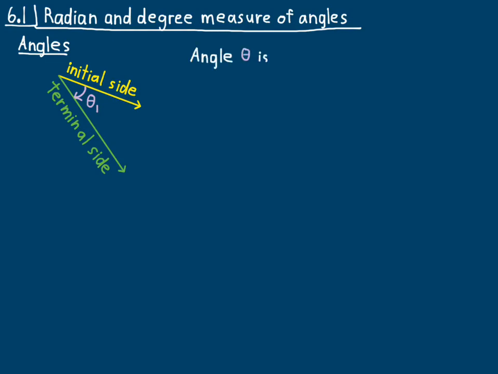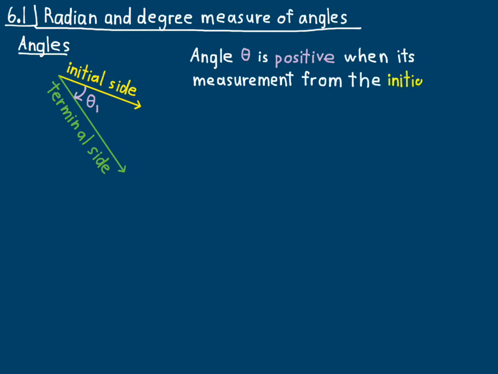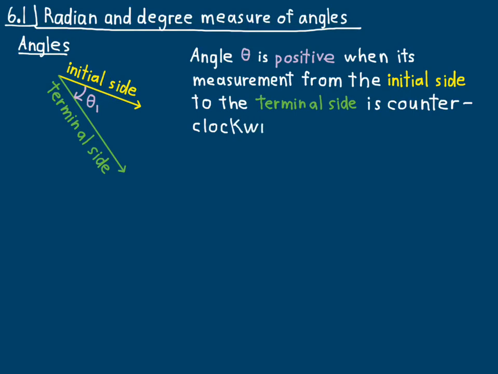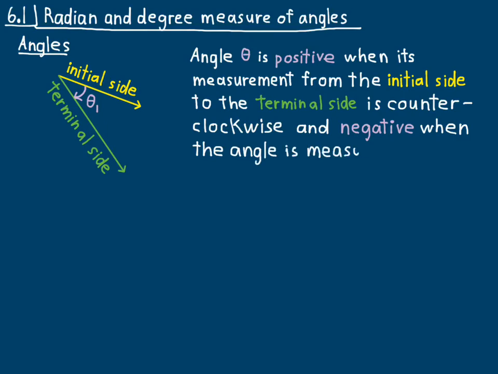Okay, so this gives us positive and negative angles. The angle theta is positive when its measurement from the initial side to the terminal side is counterclockwise. And the angle theta will be negative when the angle is measured clockwise.